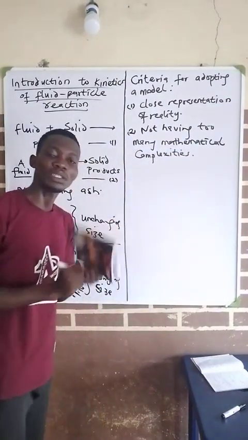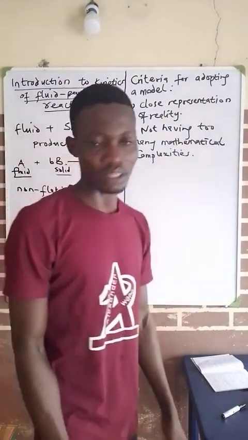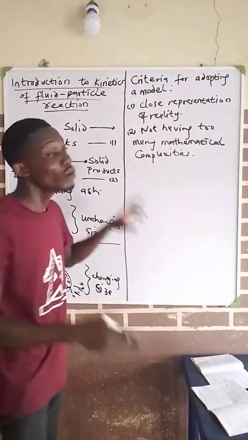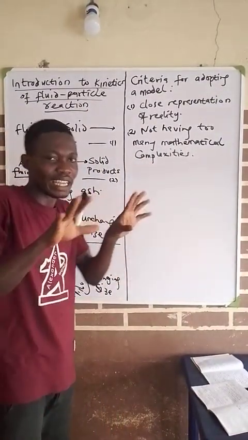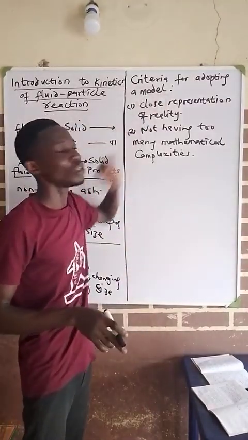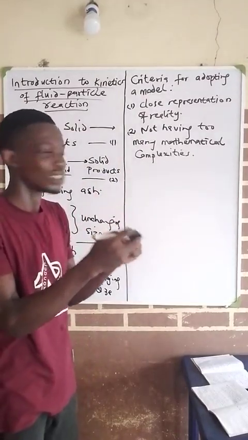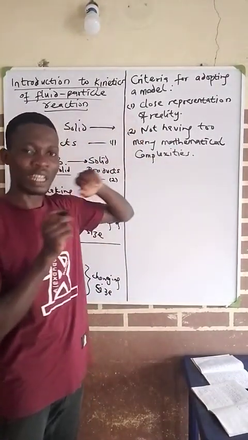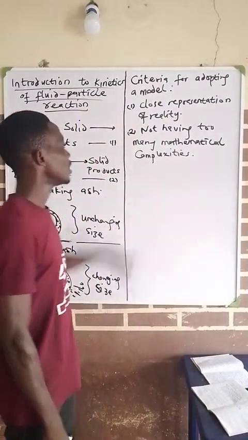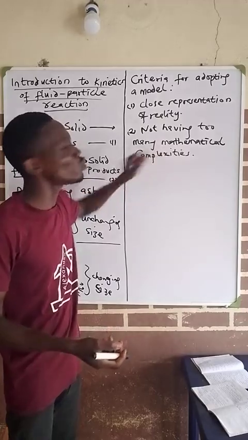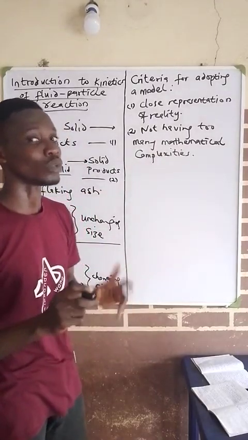Now, for a model to be generally accepted, it must have a close representation of what is actually happening, that is reality. And in addition to representing reality very well, its mathematical representation must not be too complex.